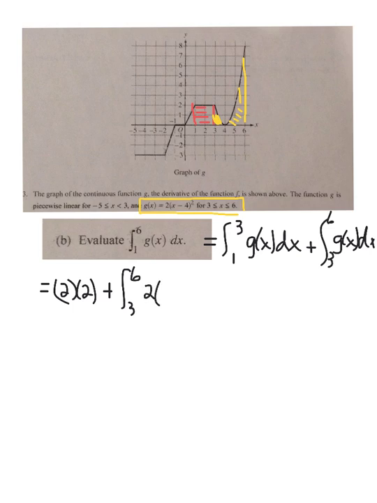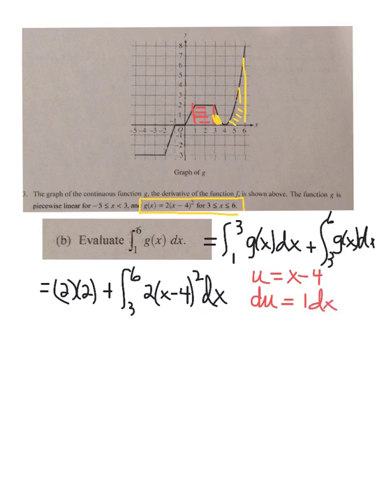All right, so we are going to integrate from 3 to 6 the g of x equation, which is 2 times the quantity x minus 4, squared. Okay, so now let's remember I have a quantity and that's squared. So what am I going to have to do here to integrate? Use substitution. So our u would be x minus 4, and then our du would be 1 dx.